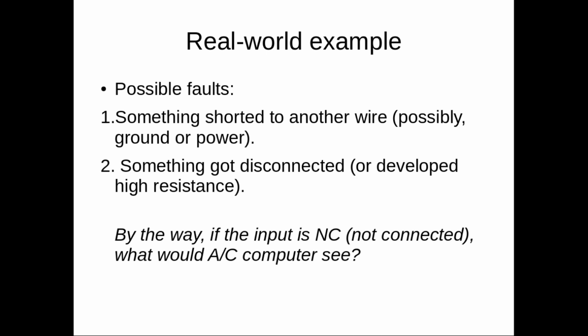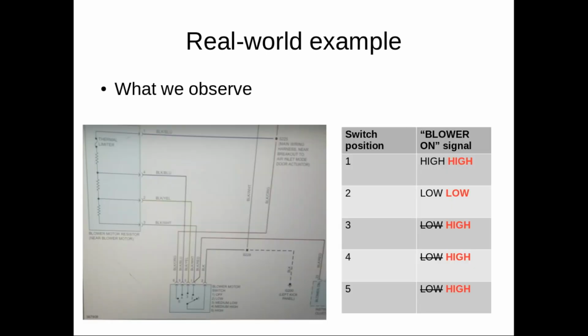Related question: if that terminal that we are interested in is completely disconnected, let's see on the wiring diagram again. If we disconnect this wire completely, what will the computer see?